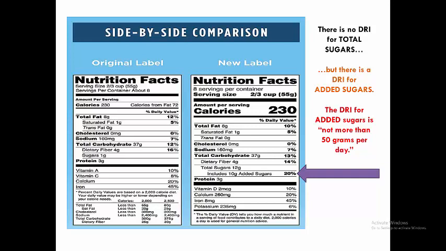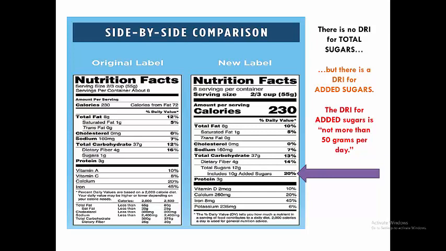But there is a daily recommendation for total grams of added sugars. So total grams of sugar means all naturally occurring sugars plus any added sugars. And you have no idea how many of those grams came from naturally occurring, which are good, as opposed to added, which we want to limit.